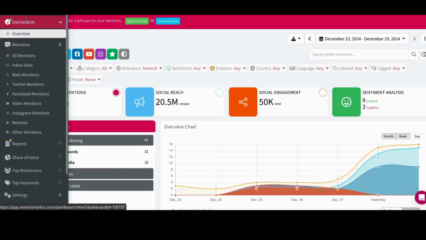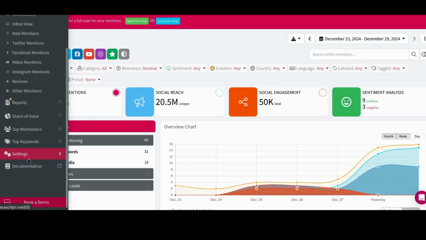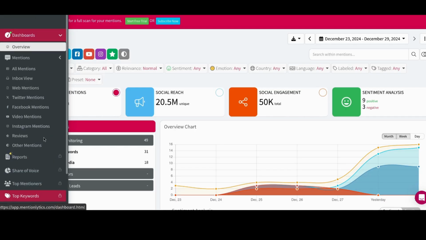These tools include the mentions for real-time brand tracking, sentiment analysis, all the mentions, and the inbox view, web mentions, Twitter mentions, Facebook mentions, video mentions, etc. We will find the reports and then share of voice, top mentioners, top keywords, and settings to customize your own preference, and then we can document all these and send it to our company's forum.